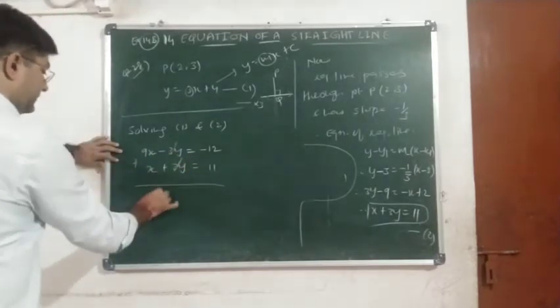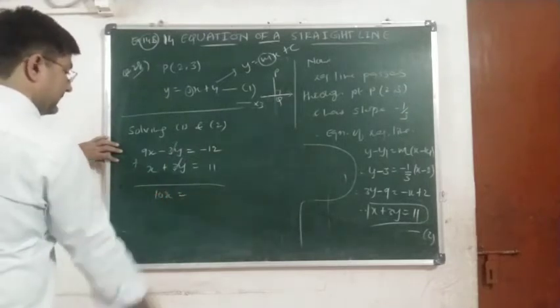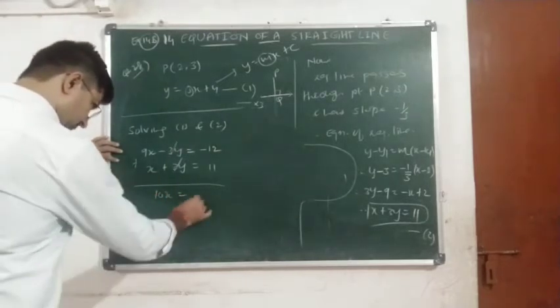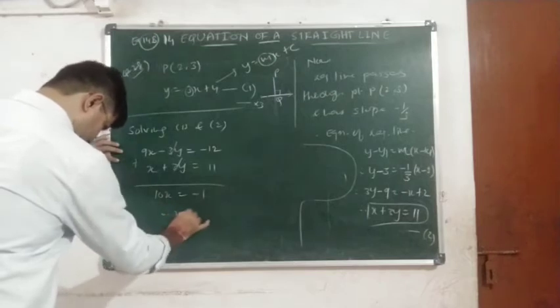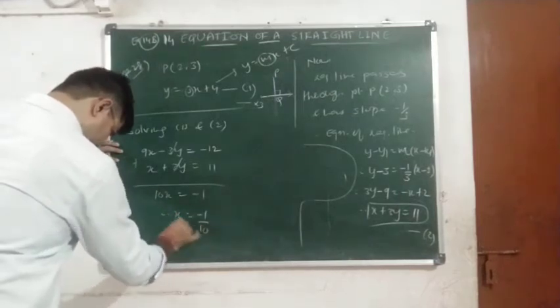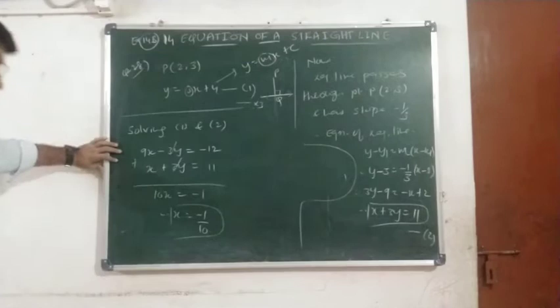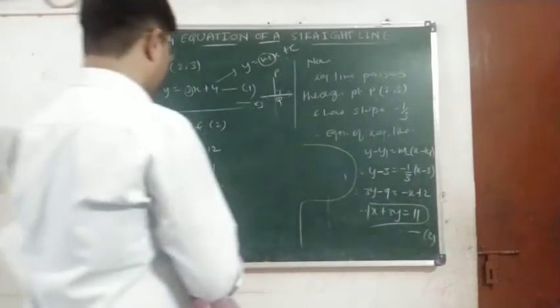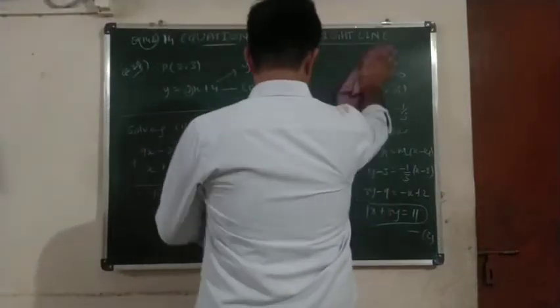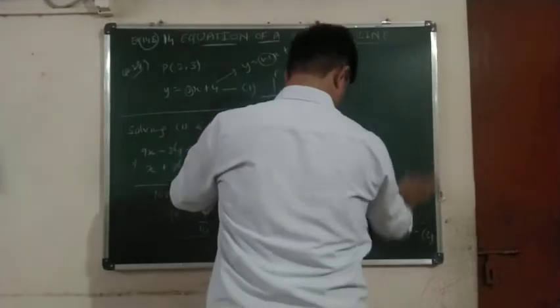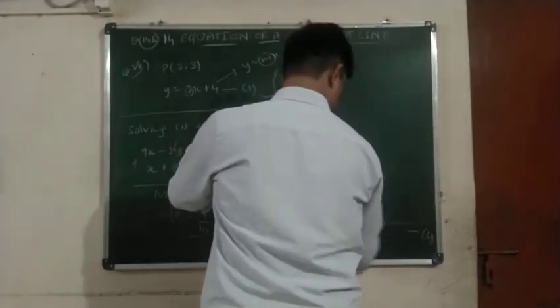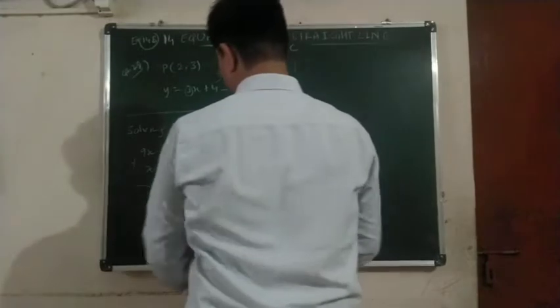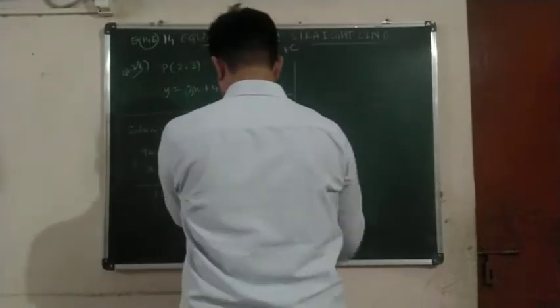Adding the two equations, 10x is equal to minus 1, and therefore x is equal to minus 1 upon 10. Therefore, substituting the value of x in either of the equations 1 and 2, let us put it in equation 2.